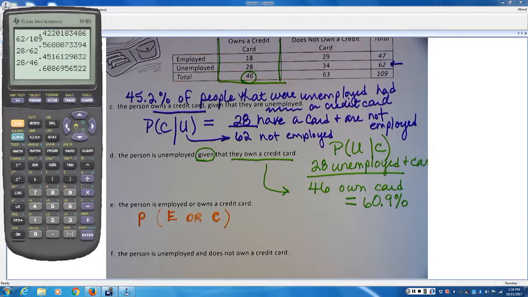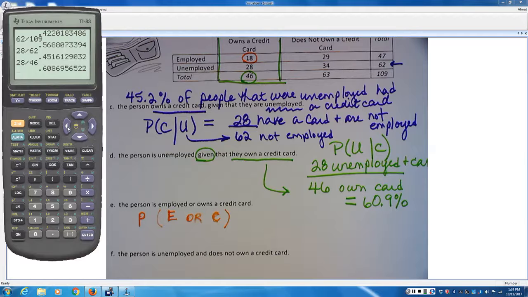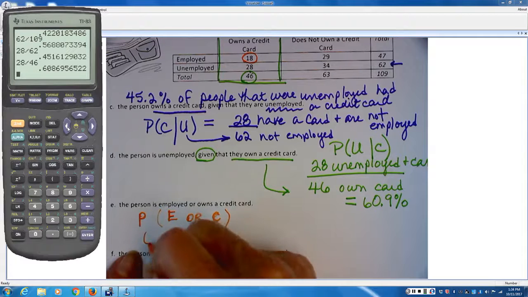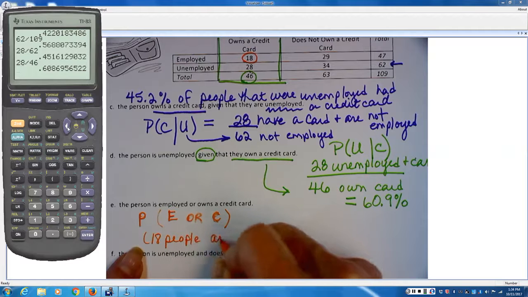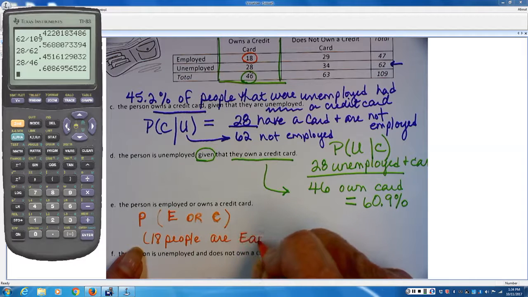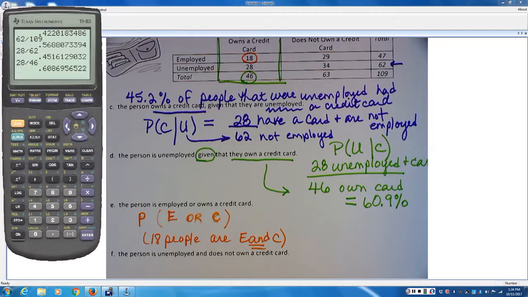Yes. How many are there? Okay. These 18 people, we have to be very careful, only get counted once. So there's 18 people that are E and C.